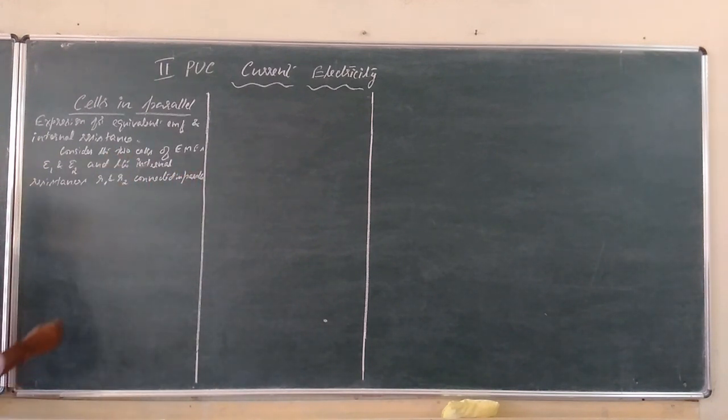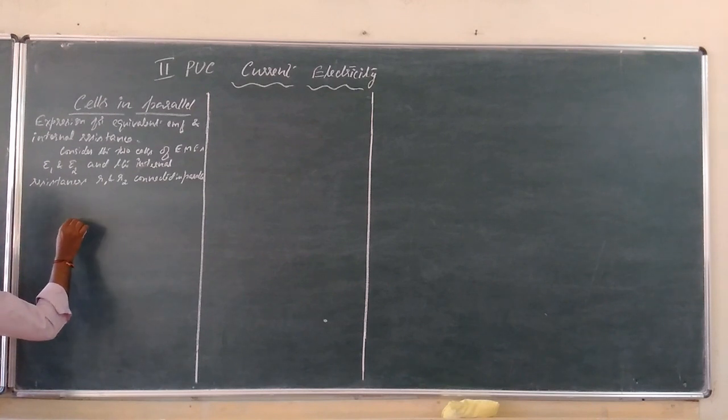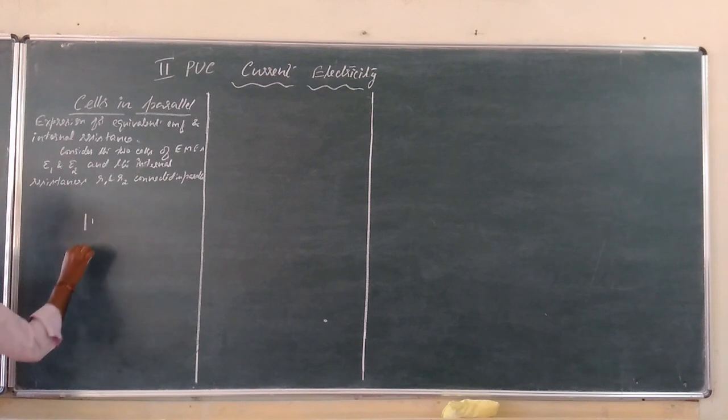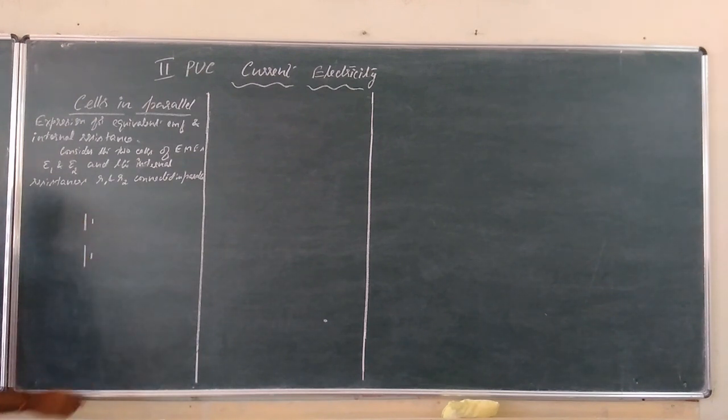So here the positive electrodes of the two cells are connected together.